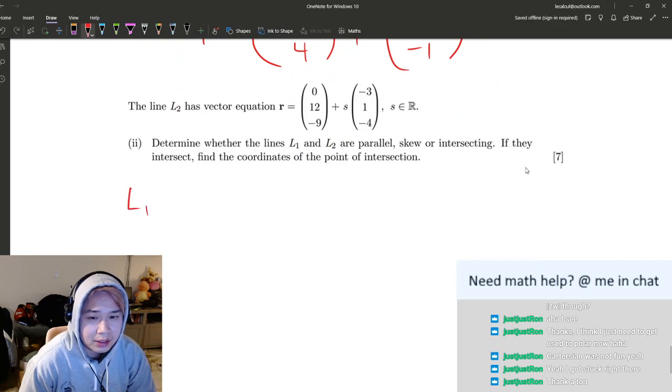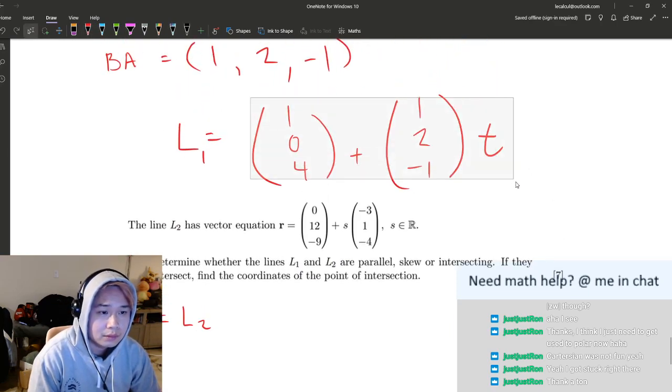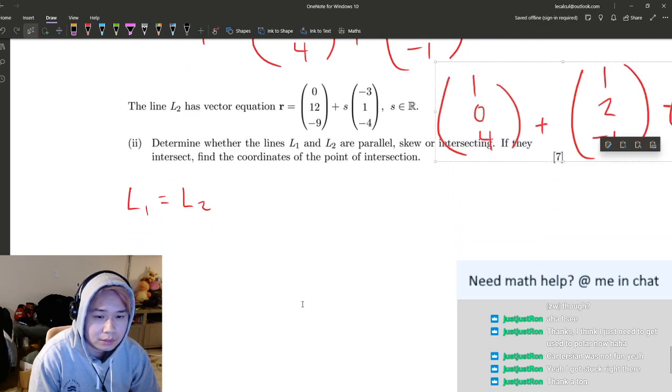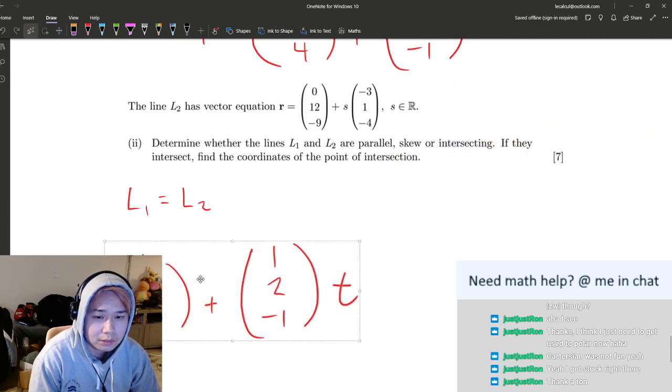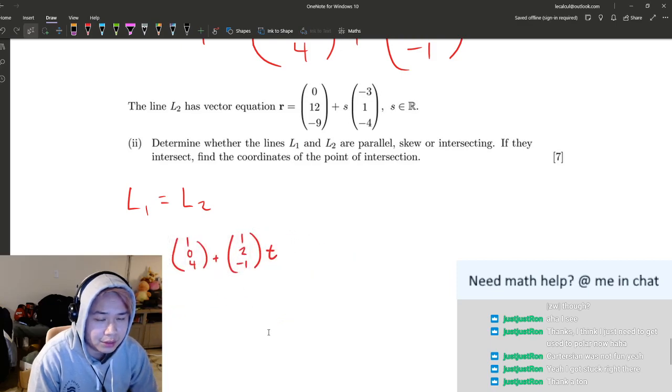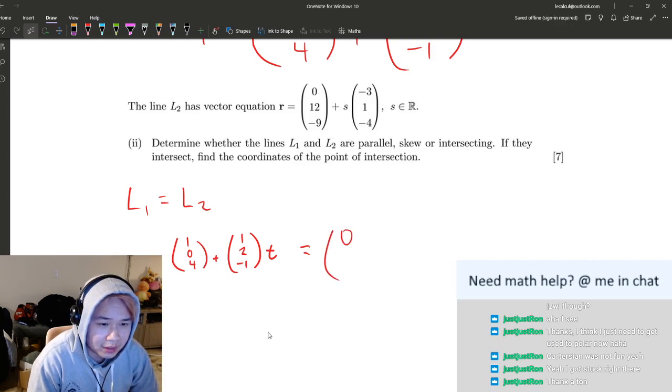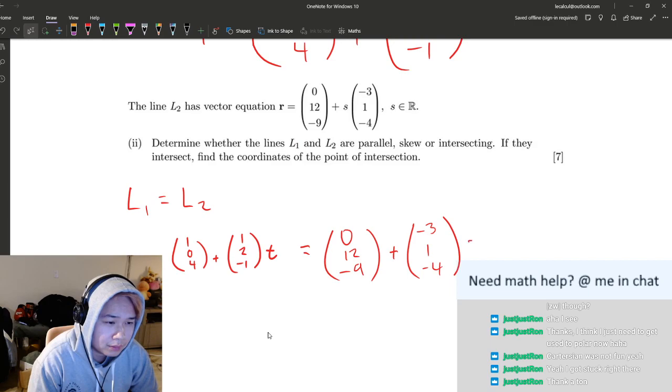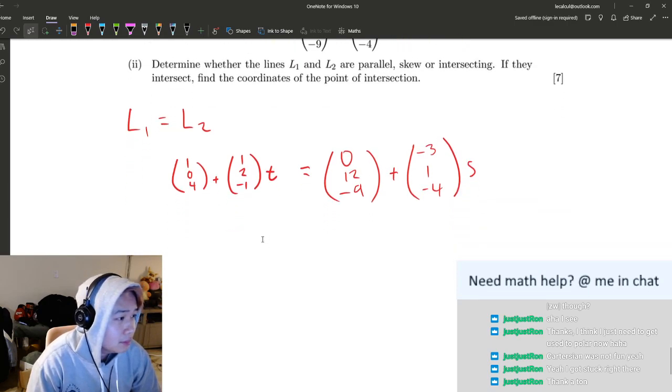So line 1 equals line 2. So that's line 1. This is equal to 0, 12, negative 9, plus this.